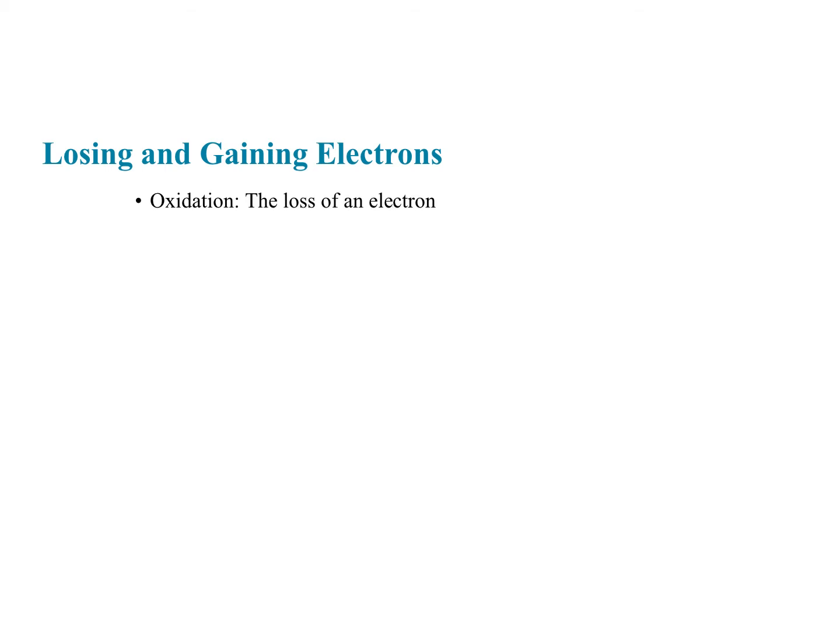Now, when you have a loss of an electron, that's called an oxidation reaction. Here's an example of that. We have two neutral sodium atoms, and those two neutral sodium atoms lose two electrons, and so they become two positive sodium ions. Remember, Na is the chemical symbol for sodium. So we have two sodium ions and two electrons.